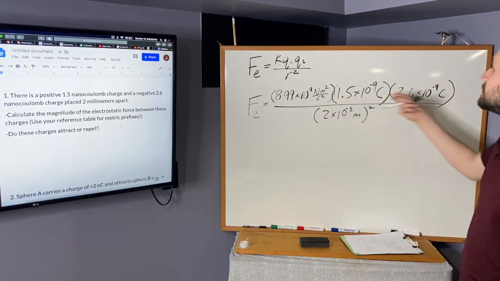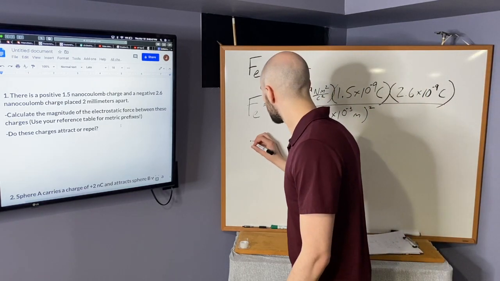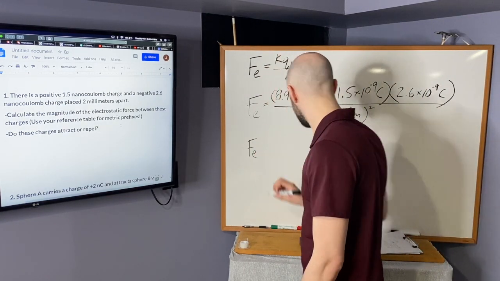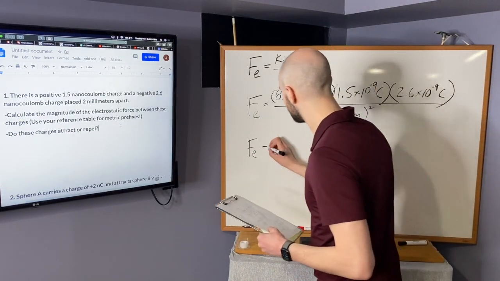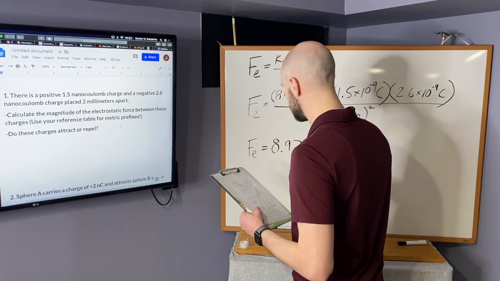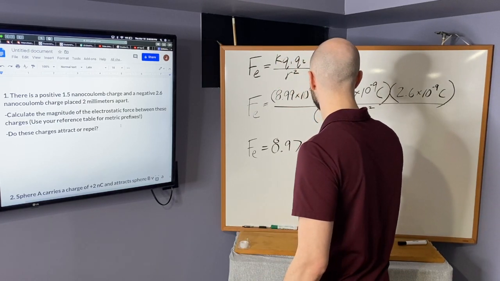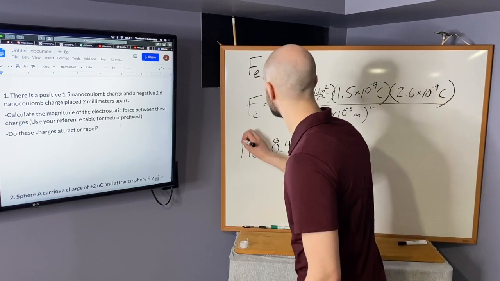I would do the numerator first and then divide by the denominator squared. If you work this out correctly, you should get an answer of, looking at my notes, 8.97 times 10 to the minus 3rd, and our units for force is in newtons.